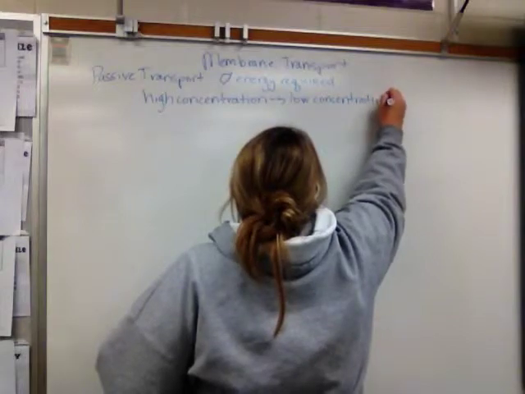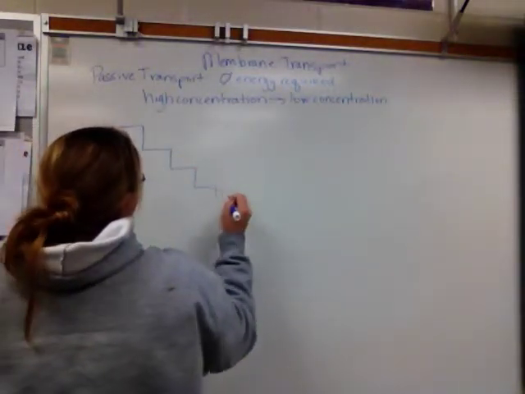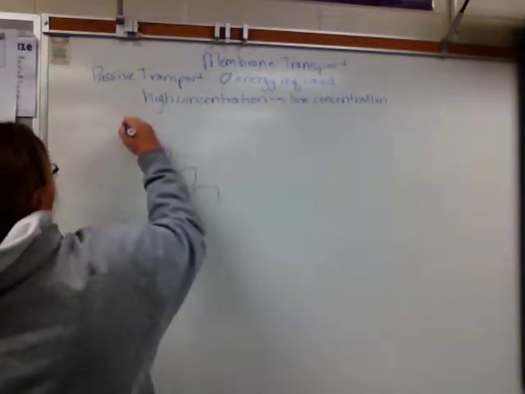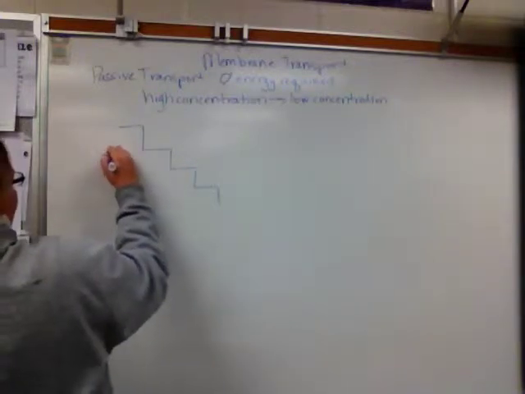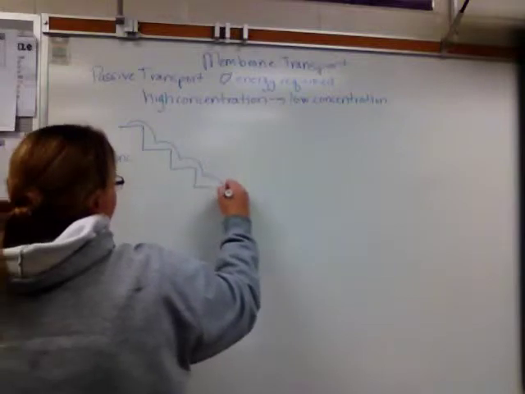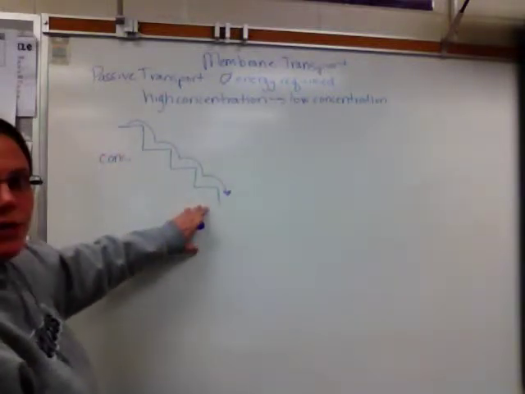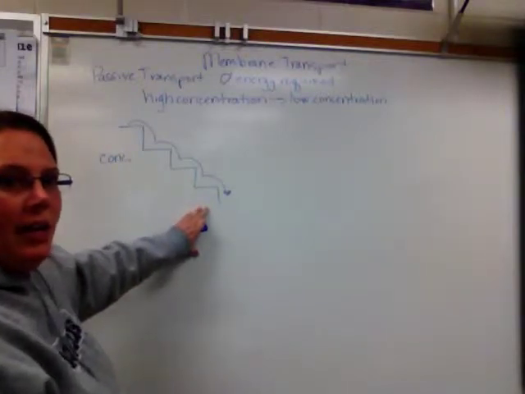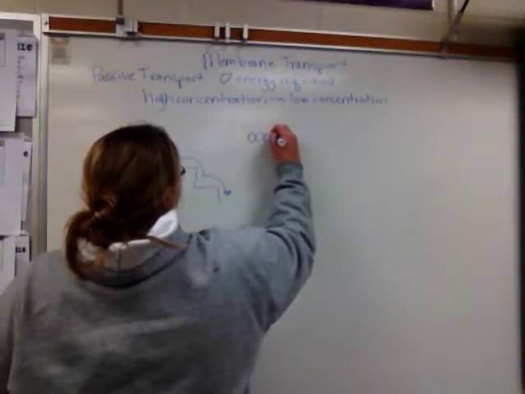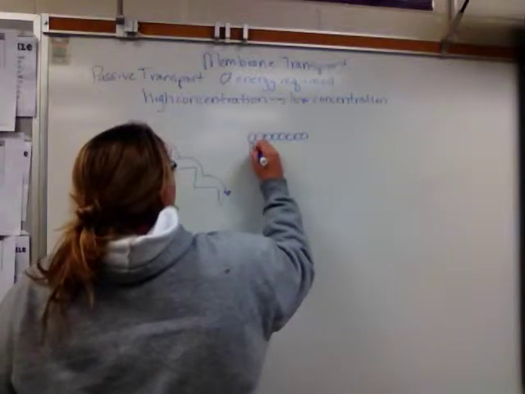If you want to think about it like stairs, passive transport is going to be things moving from high to low, so if this is the concentration, they're going to be able to move down the stairs very easily, from high concentration to low concentration. But instead of stairs, we're going to look at the movement going across the plasma membrane.